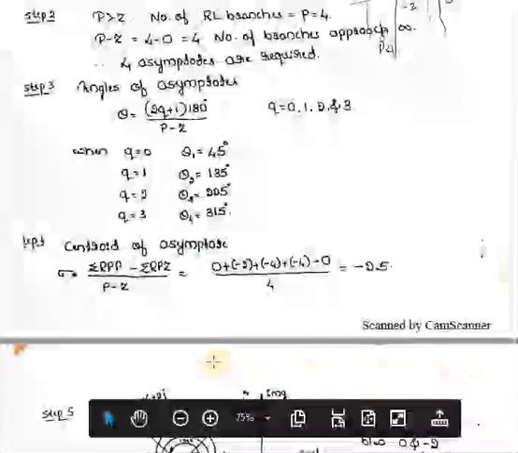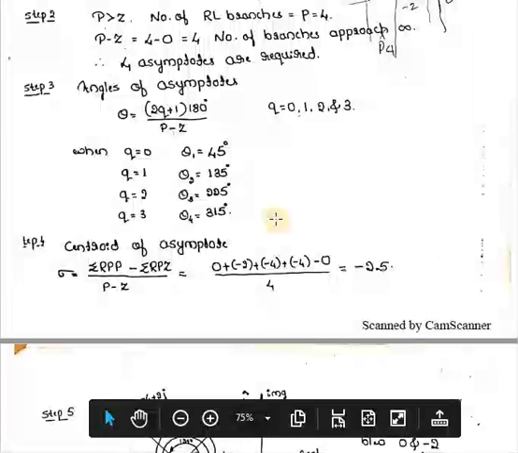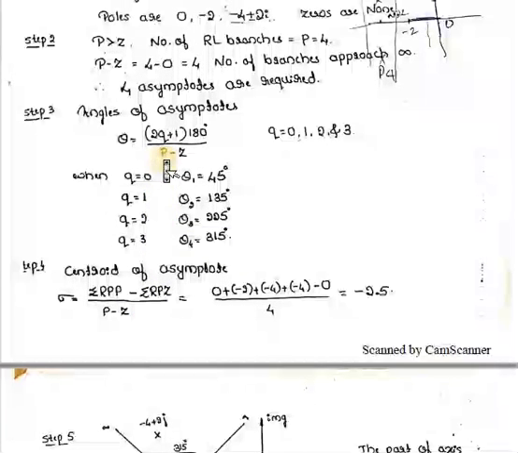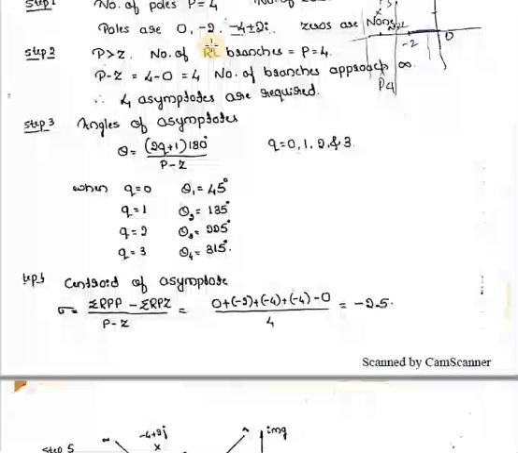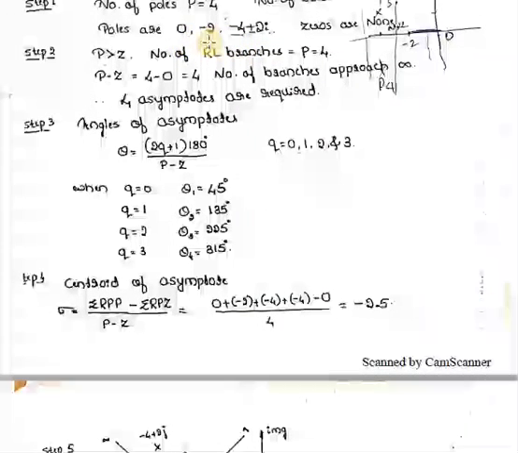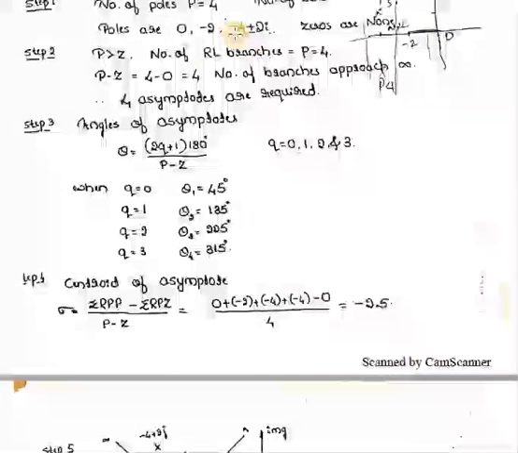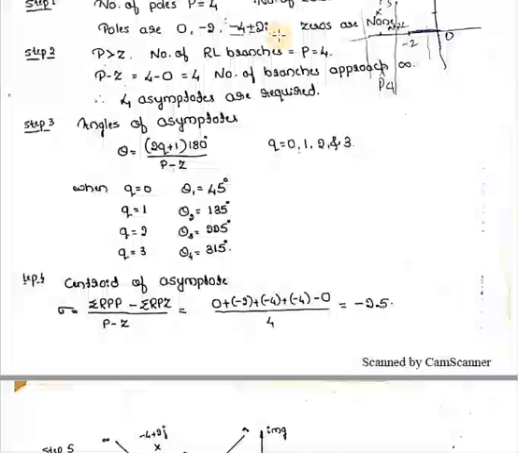The next step, once you identify the angles of the asymptotes, is to identify the centroid of the asymptotes. So sigma = (sum of real parts of poles minus sum of real parts of zeros) divided by (P - Z). Here we have these 4 poles, so you need to enter the real parts of the poles: 0, -2, -4 and -4, since the real part of -4 ± 2j is -4.